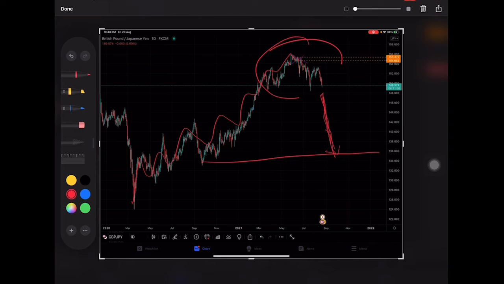first you must wait for rejection at the neckline. After rejection at the neckline, you wait at the shoulder price. If there's a rejection at the shoulder price, you wait for the second entry, the second price that comes to the same level, for us to enter at a lower risk position.